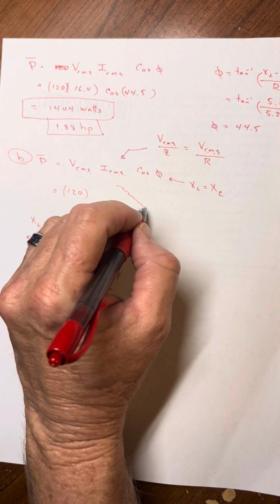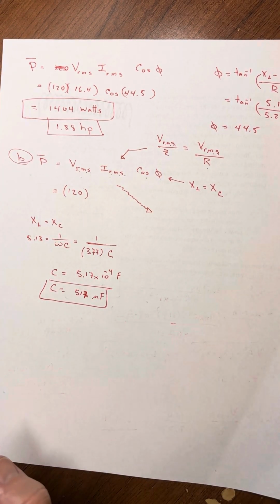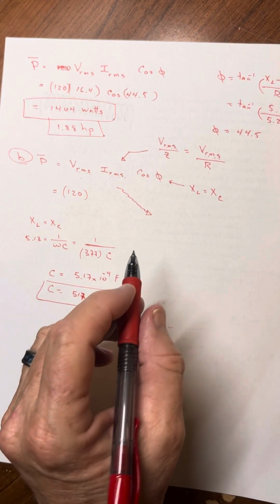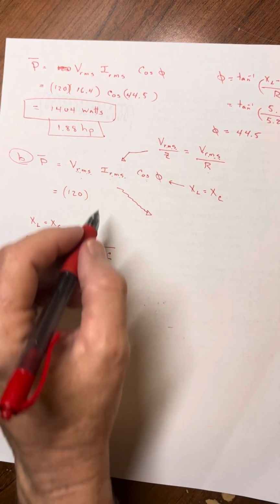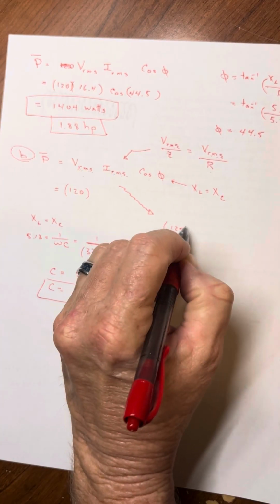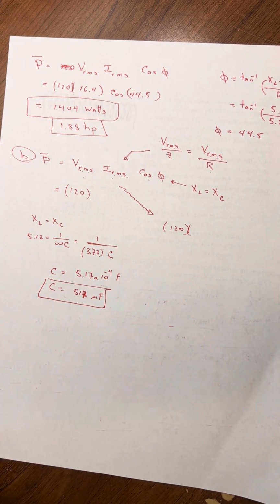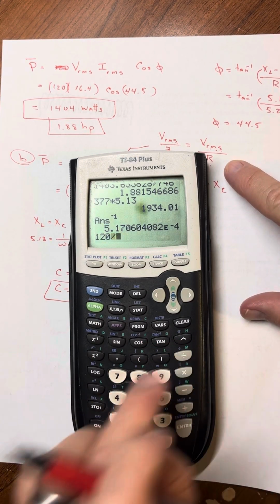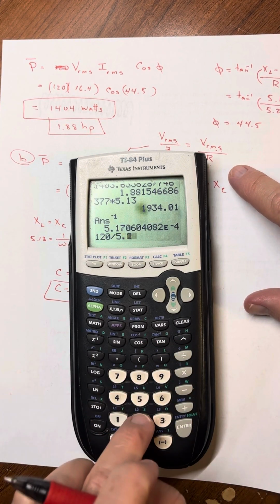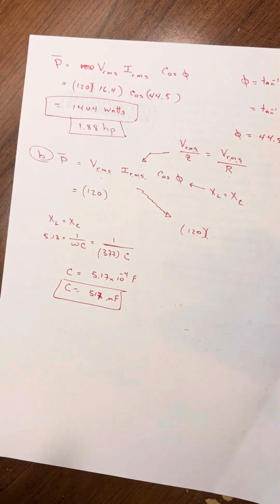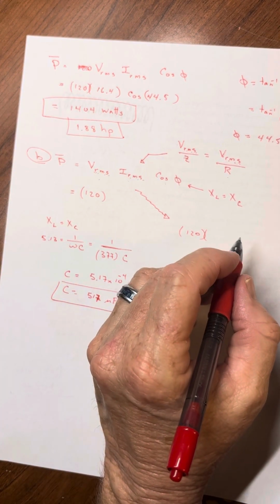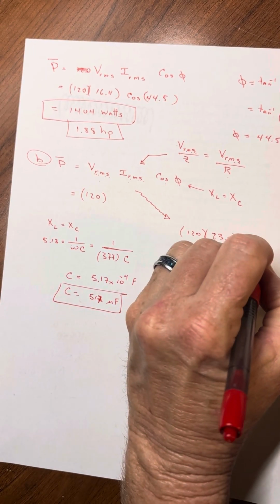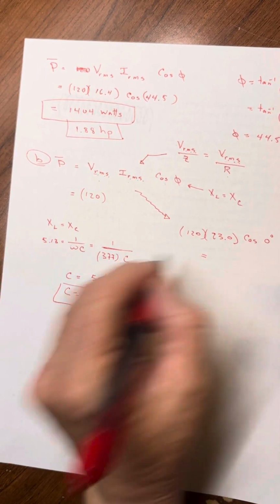And just as an added piece, although this video is getting kind of long, we could then get this motor operating much higher. So this would be 120 divided by the resistance, 5.22, because now it would be operating at 23.0 amps and cosine of 0 degrees.